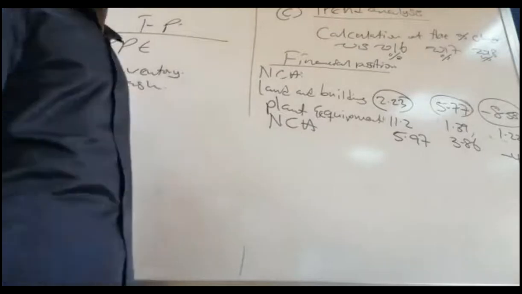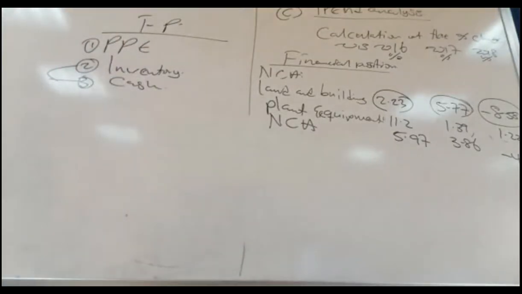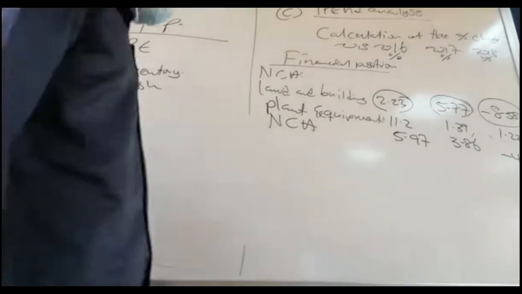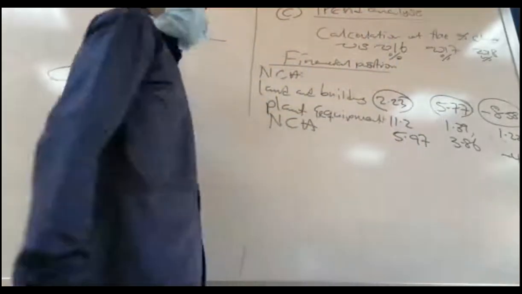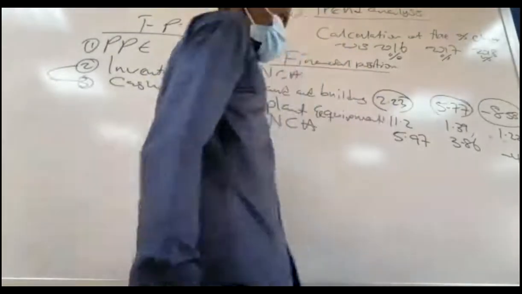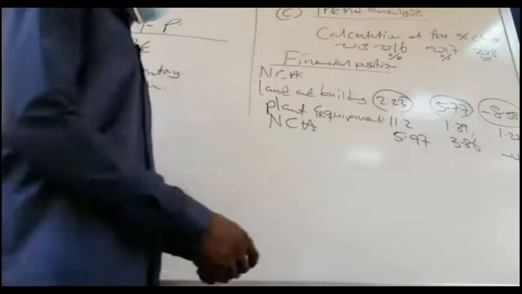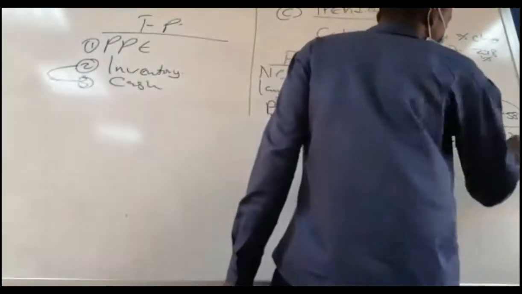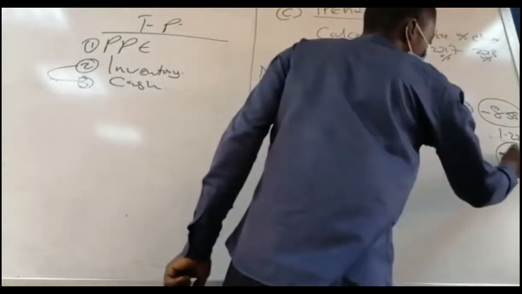Here, all you have to tell the examiner is that the non-current asset of the company has increased over the period, with the exception of 2018, which decreased. Once it's negative, negative means decrease.